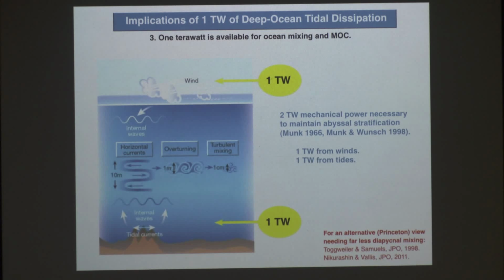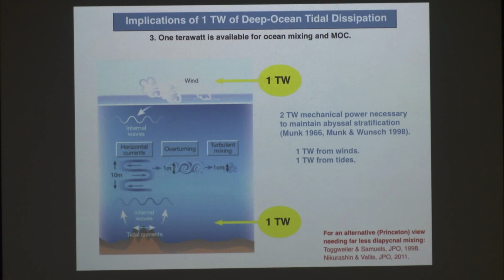Well, people have looked at the wind fields on the surface of the ocean, either with scatterometer data or numerical weather models, and they think that the winds could come up with maybe a terawatt. But I just showed you in that previous plot of the dissipation that the tides can also come up with a terawatt. The two together come up with Munk's 2 terawatts.